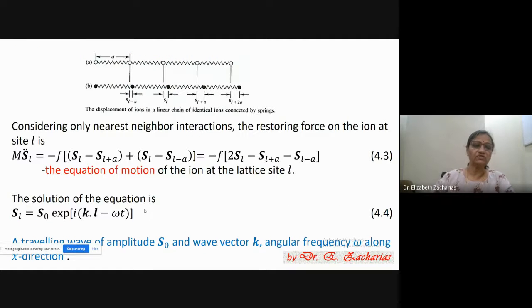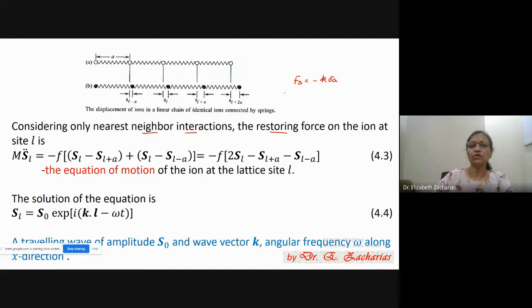And again, I am insisting that we will only consider the nearest neighbor interactions. So now let us write the restoring force equation. You remember the restoring force equation the other day I wrote as minus K into X or delta A. We are just going to use this here and set up the equation.